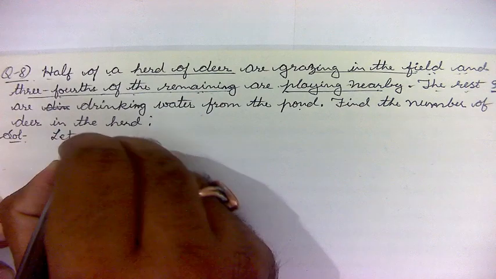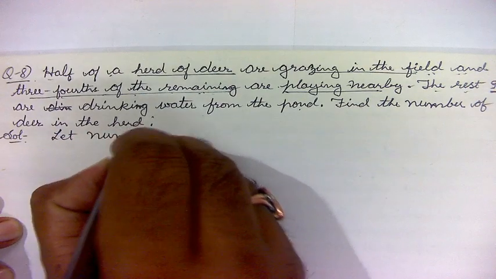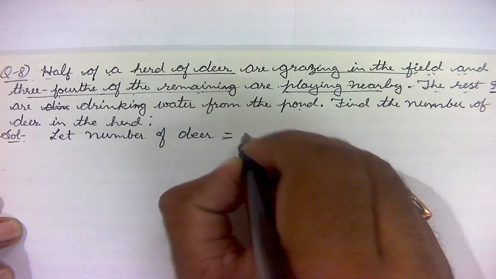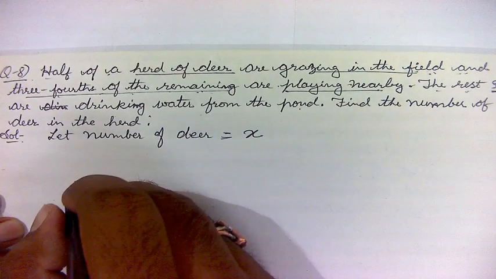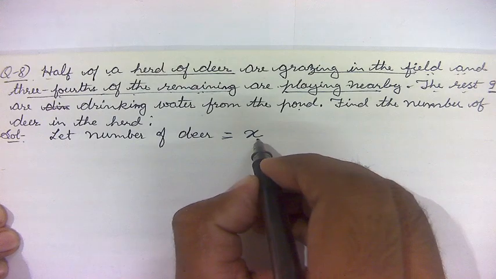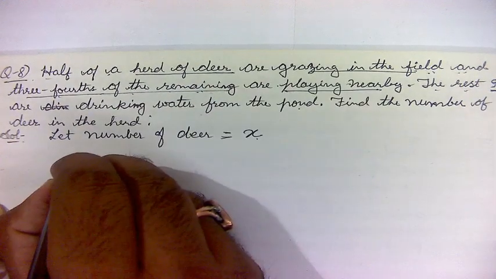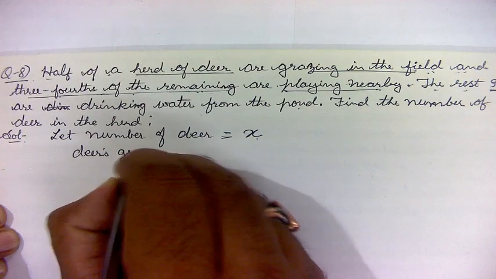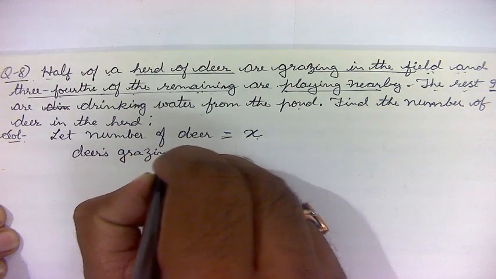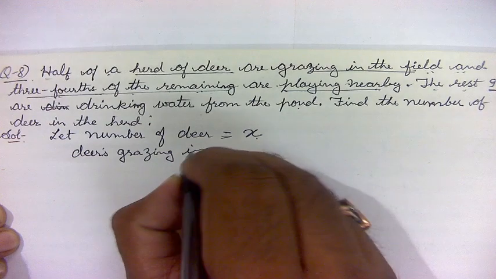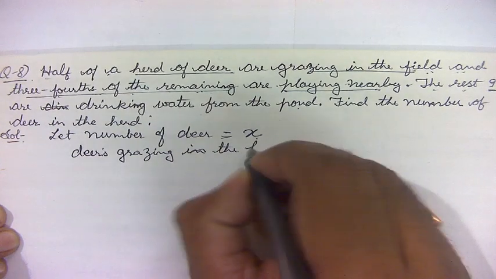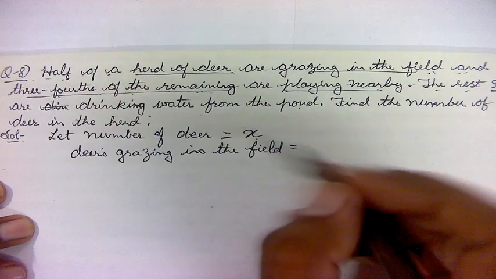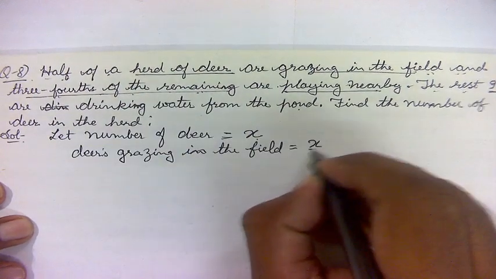So let the number of deer be x. Then deer grazing in the field are half of the herd, so x upon 2.